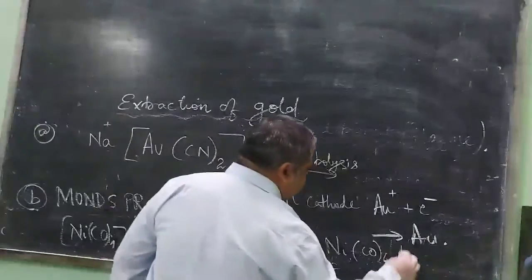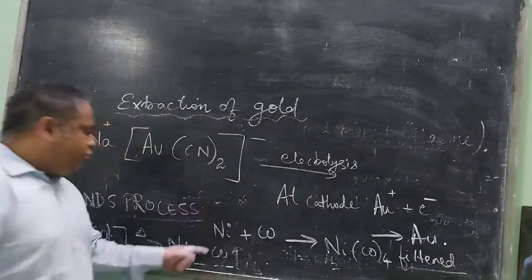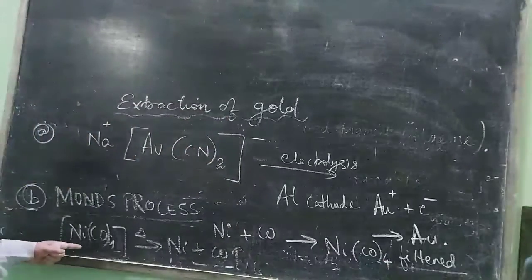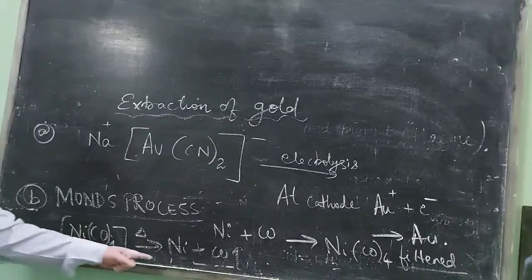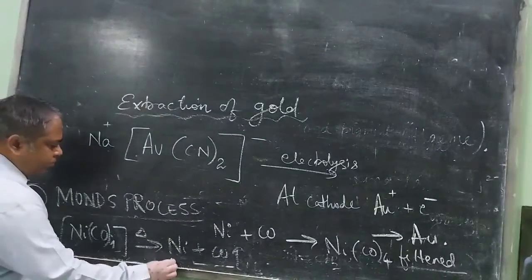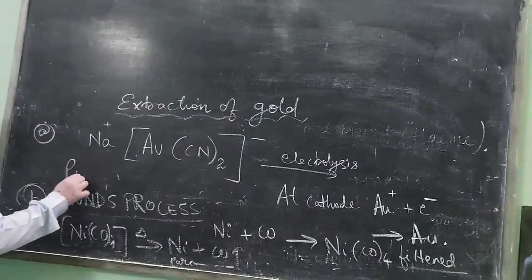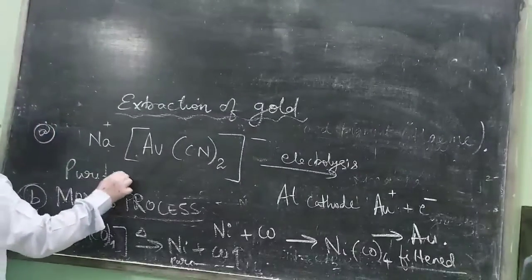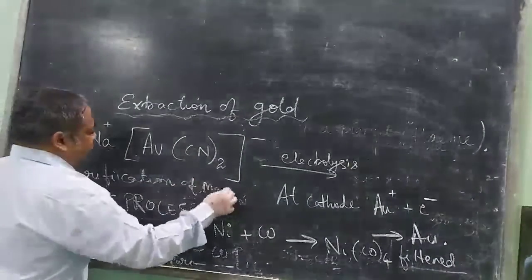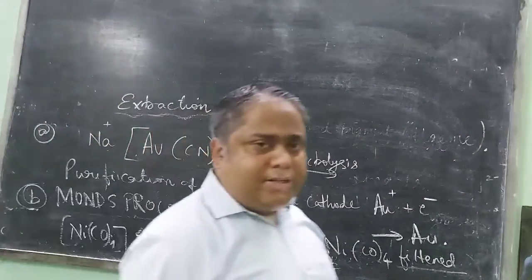It is filtered. Okay, it is solid, it is liquid, we filter it out. After filtering it out, then we heat it, carbon monoxide goes out and nickel is obtained in pure form. So in this way, extraction and purification of metal can be done. That's it. Thank you. Now you can solve exercise questions.